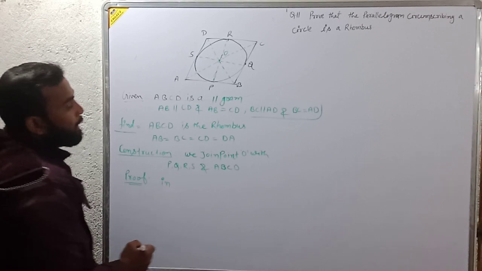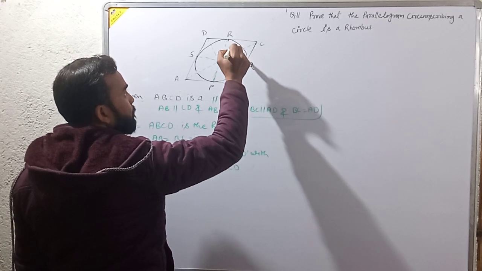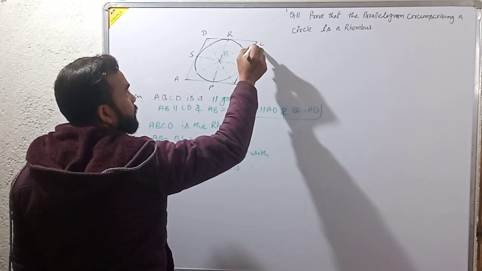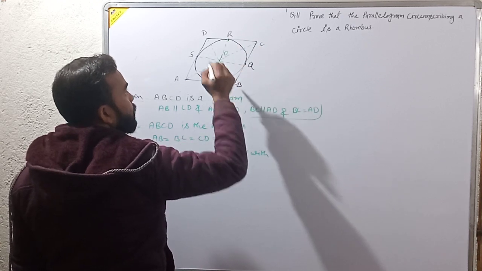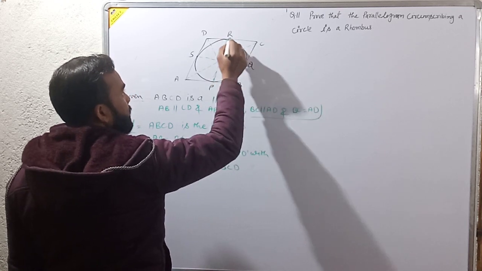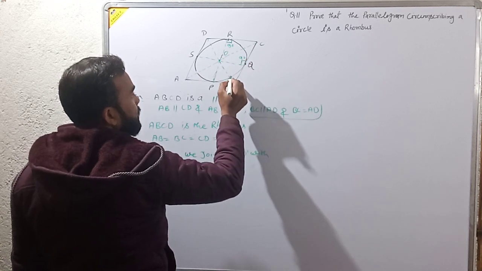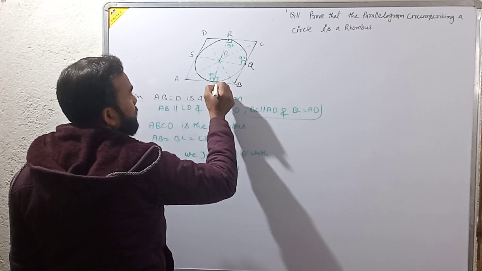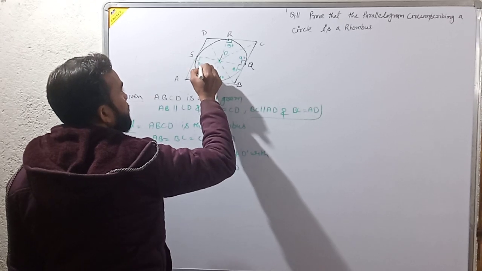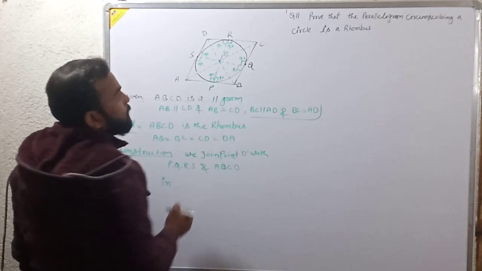Proof. In the figure, we have triangle CRO. This angle will be 90 degrees because it is the angle between radius and tangent. This is also equal to 90 degrees.